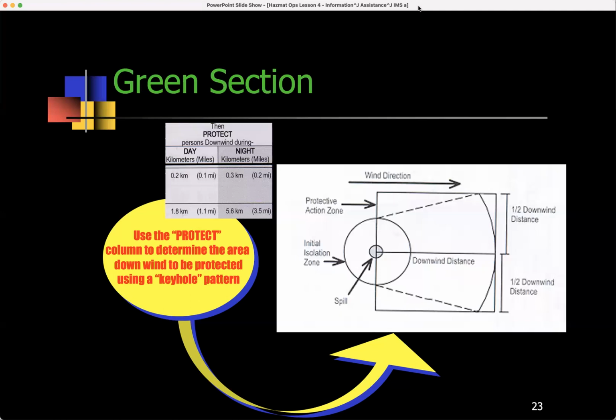It's going to take longer, so you want to extend that distance. It's not because materials know the difference between day and night and decide to go farther, or atmospheric conditions, because there are different atmospheric conditions regardless of day or night. So it's mostly about visibility and getting people to do what you need them to do.